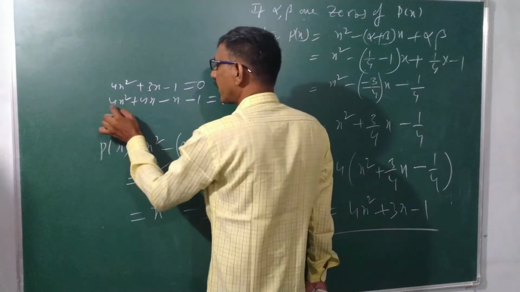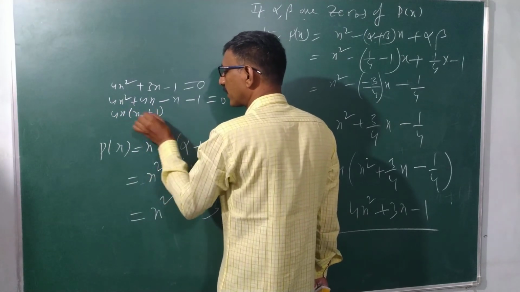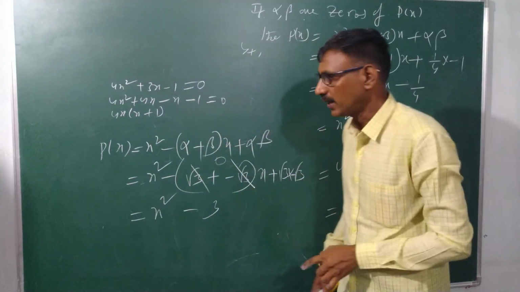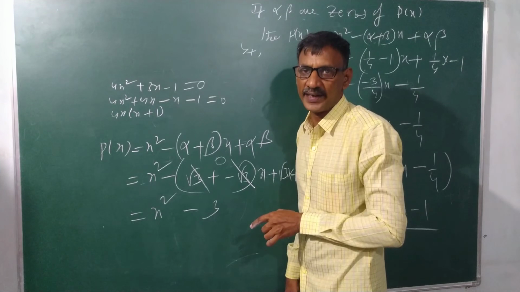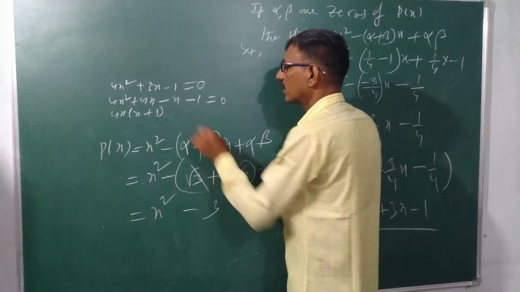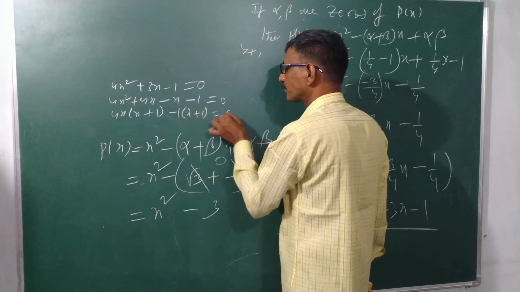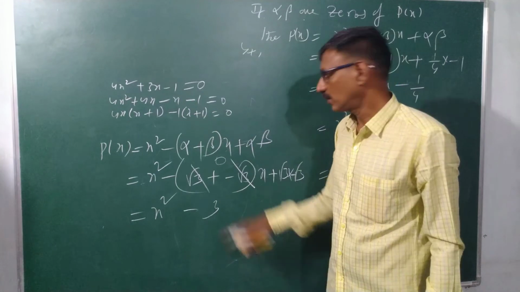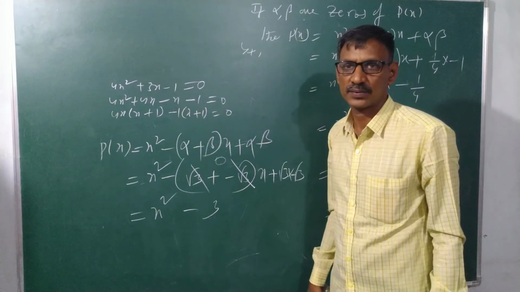Here I would like to take 4x common. I will get x plus 1, because 4x into x, 4x square, 4x into 1, 4x. Here there is no common factor, so 1 is the common factor. Yes. So minus 1 is taken out. I would like to get x plus 1. Last is 1 into x, x, minus 1 into plus 1, minus 1.